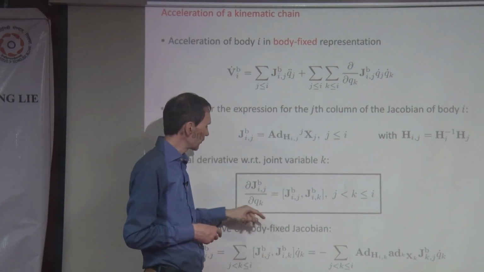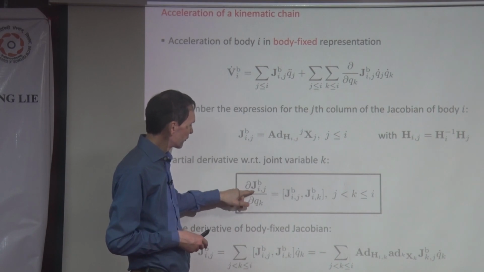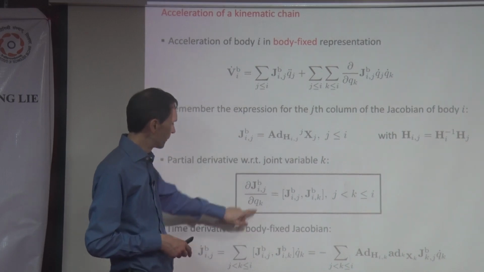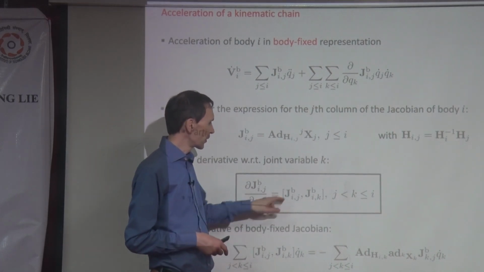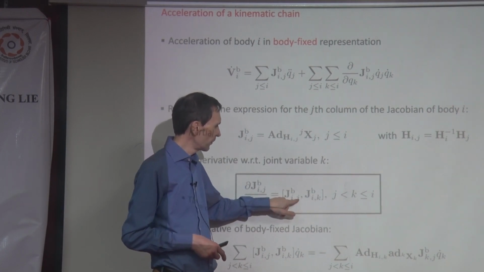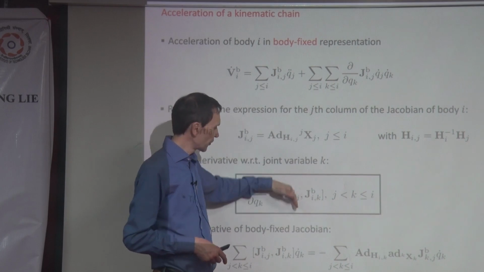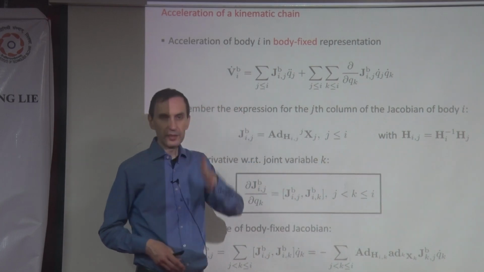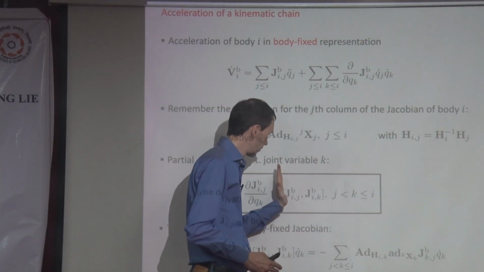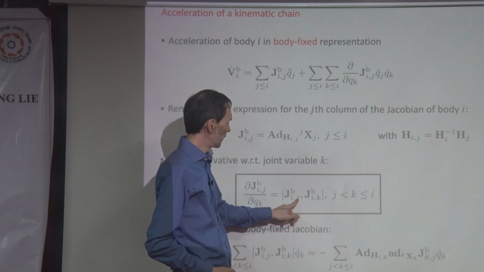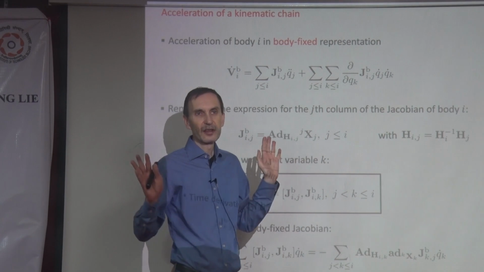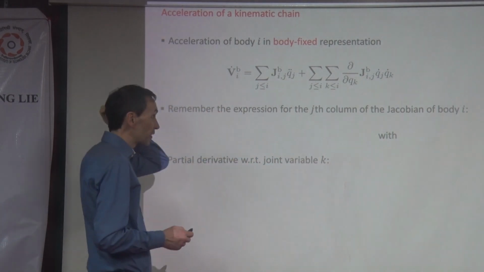The outcome is that if you take the partial derivative of the J's column with respect to the joint coordinate K, it's just the screw product, which means the Lie bracket of the column J with column K. The columns of the Jacobian are the instantaneous screw coordinates, and you just take the Lie bracket of the J's column with the K's column. And that's it. So this is a purely algebraic way of expressing it.